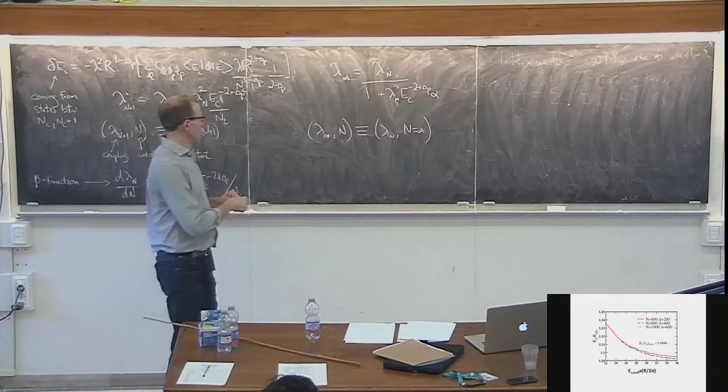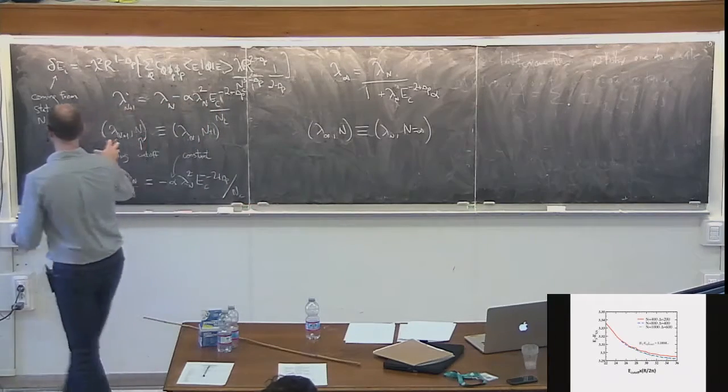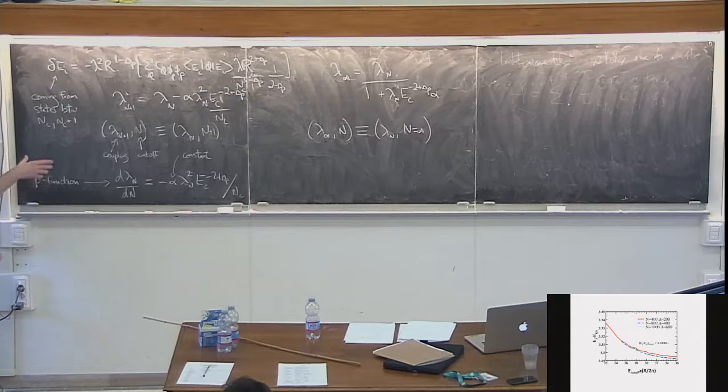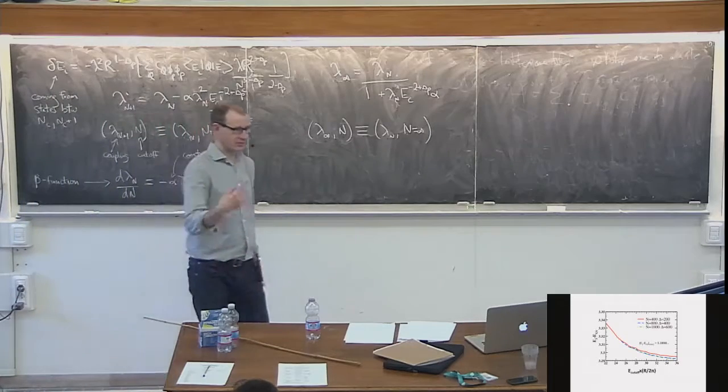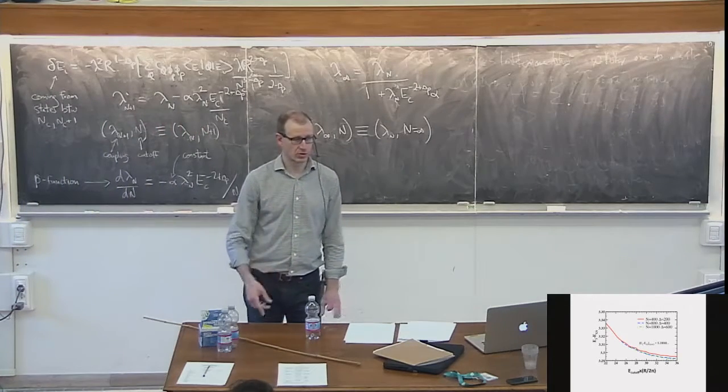But then, I went through this song and dance of restricting the delta E correction for states between NC and NC plus 1, so I could write down this beta function, which I could then integrate to take into account higher order corrections.